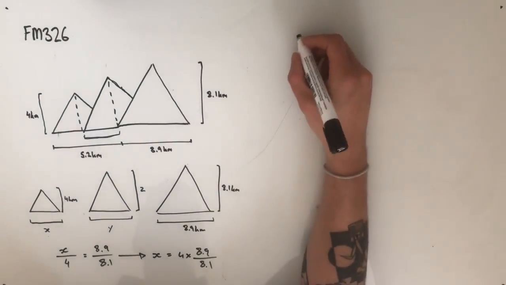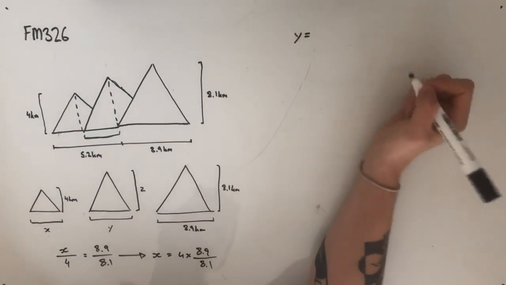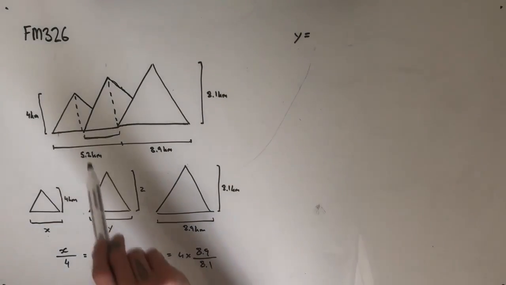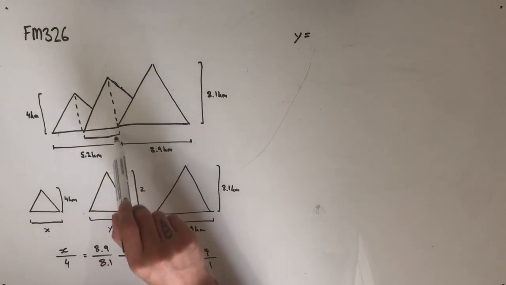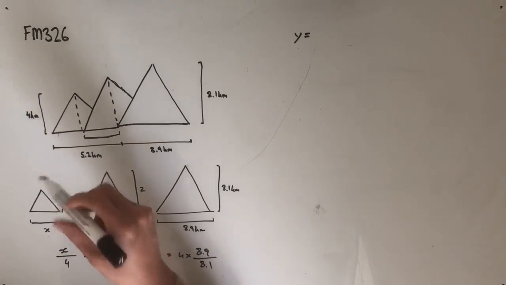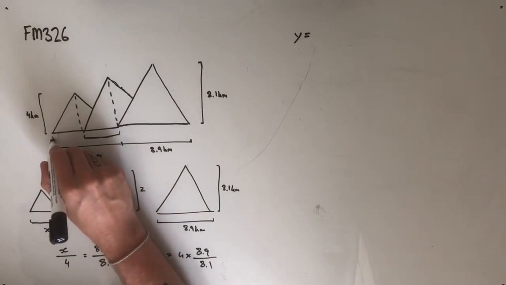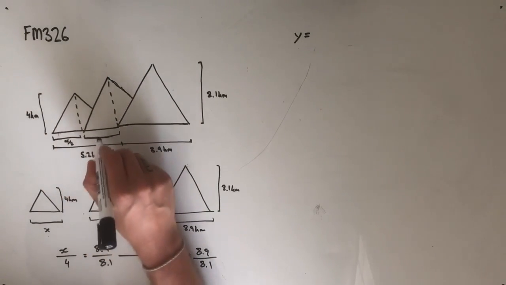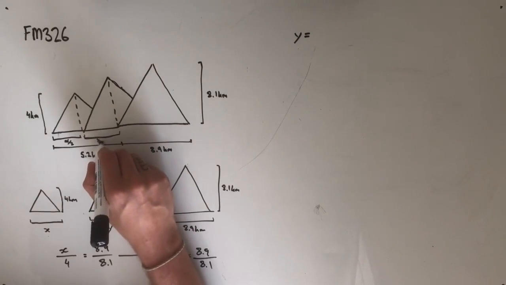Now that we've found a value for X, we're going to find a value for Y. What you'll notice is that half of Y is equal to 5.2 minus half of X. So this would be X over 2 here, and this would be Y over 2.